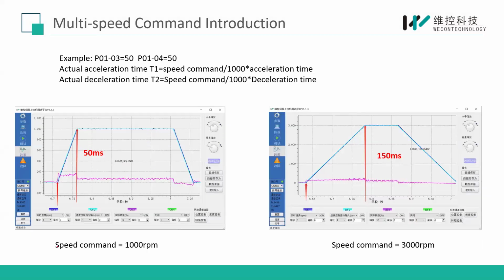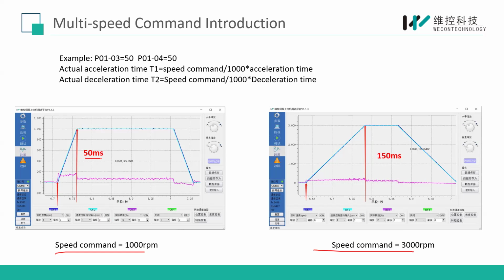you can see this picture. If we set P0103 and P0104 to 50, then when we set different speed values, the acceleration time is different.